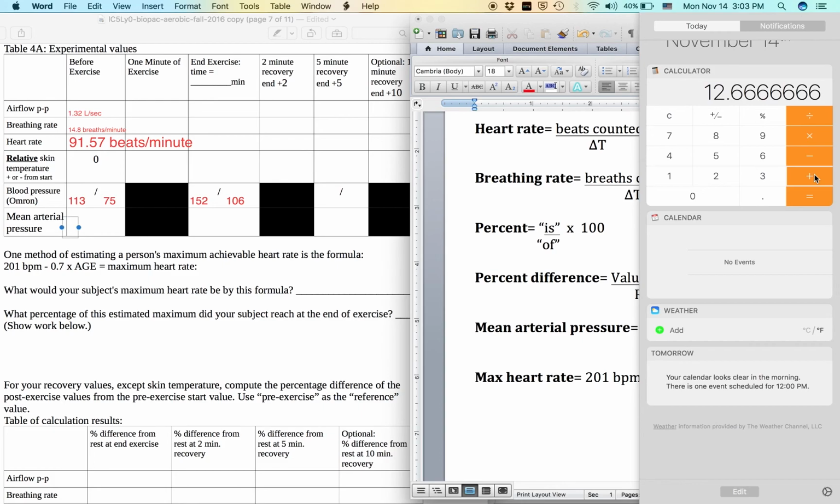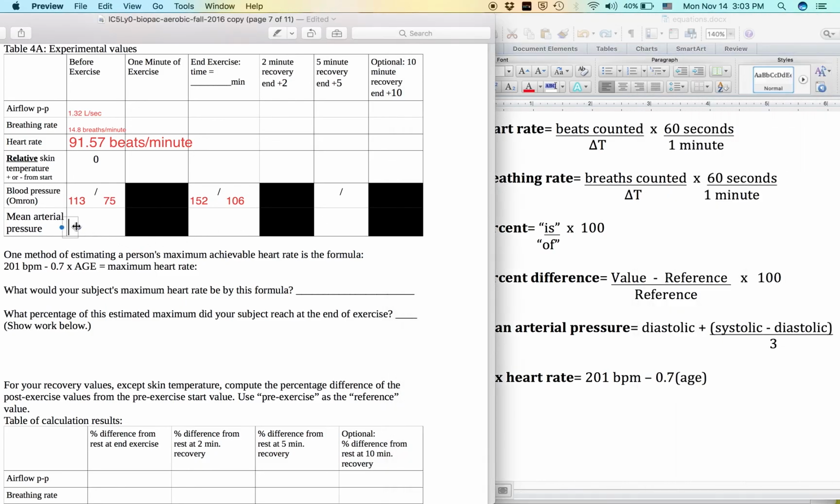Now we're going to add 75 to that. We get 87.67 millimeters of mercury, Hg. Okay, so that's before exercise.